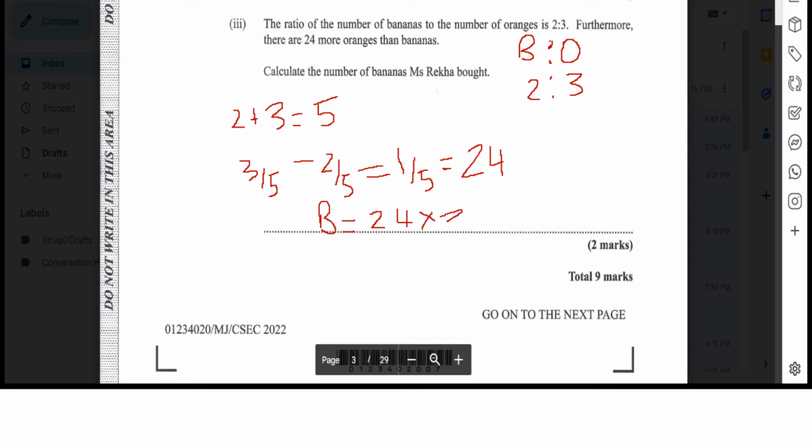So Miss Rika bought a total of 48 bananas. This is one way that we can work it. 48 bananas.